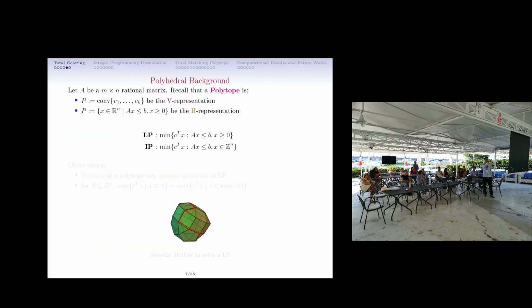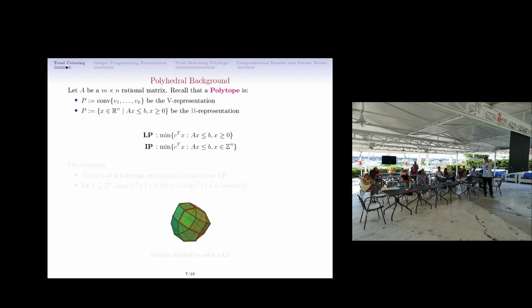First, we recall some basic facts about polyhedral theory, so a polyhedral background here. Let A be a rational matrix with rational entries. We can say that a polytope is a bounded polyhedron, and a polytope can be seen in two equivalent ways.